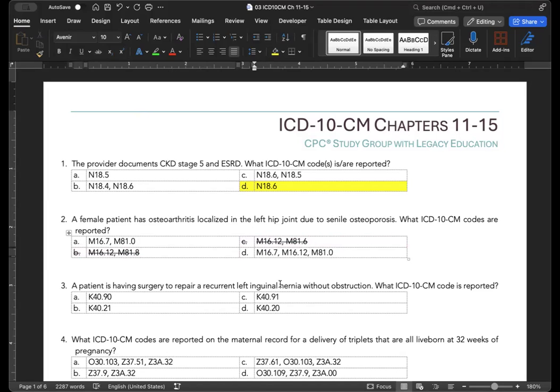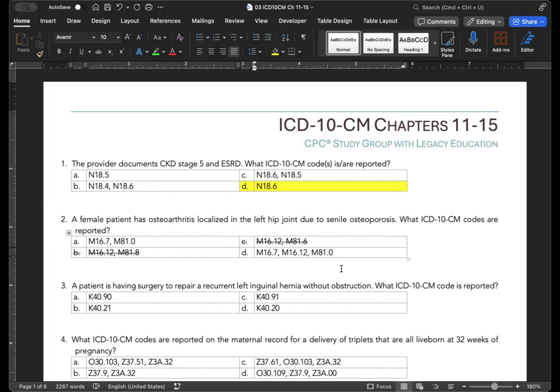Sorry if I confused you on that. It's been a long day on this end. So M16.7 should be what we use, right? And we know we need M81.0.